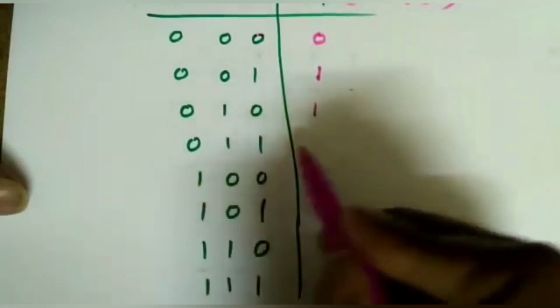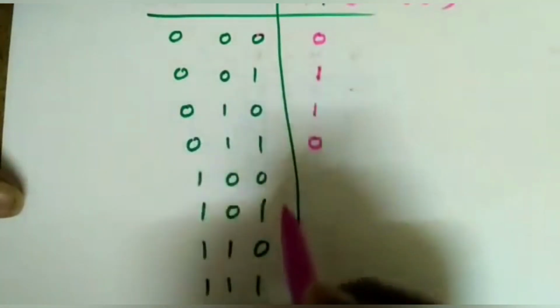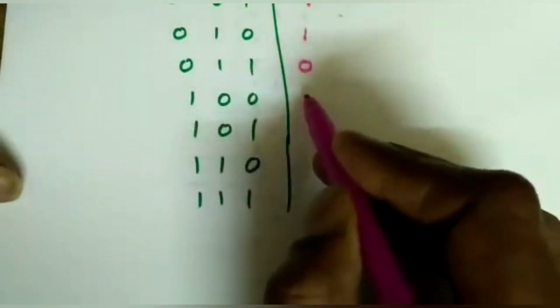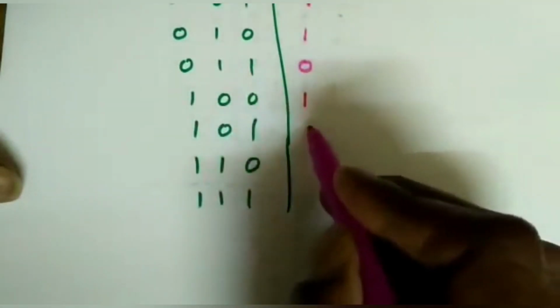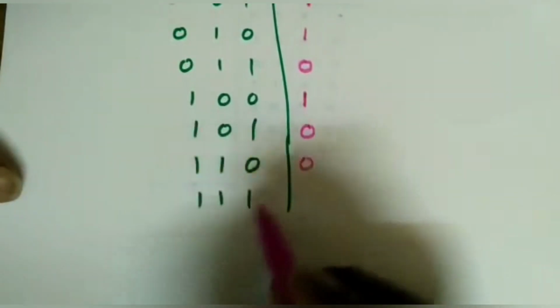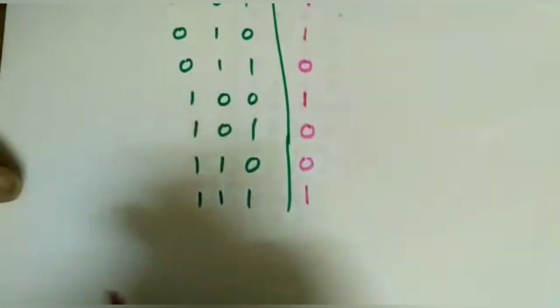Here it is already even parity, so just add 0. Combining all this, it becomes even parity. Similarly, 100 is odd parity, so to make it even, next, this has an even number of ones, so make it 0. Even number of ones, make it 0. This has an odd number of ones, so add one more 1 to become even parity.